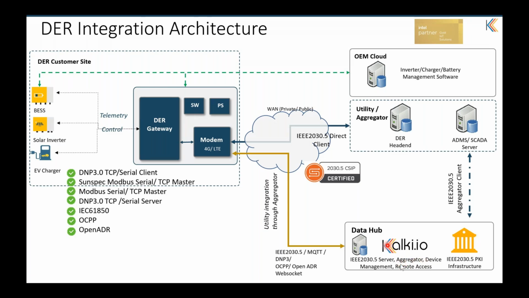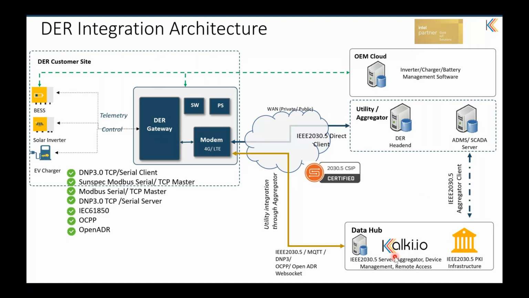It aggregates the data and sends it to the utility on the 2030.5 aggregator link. So there are two possible ways of connecting the field with the utility: either directly, or through a third-party or cloud-based aggregator, which aggregates the data and sends it to the utility system.